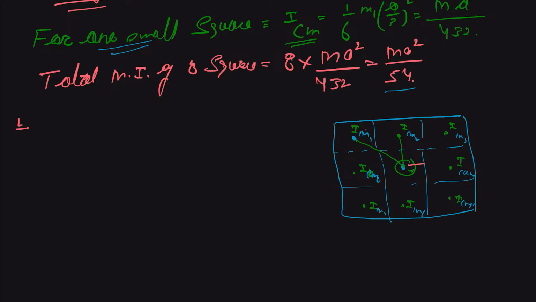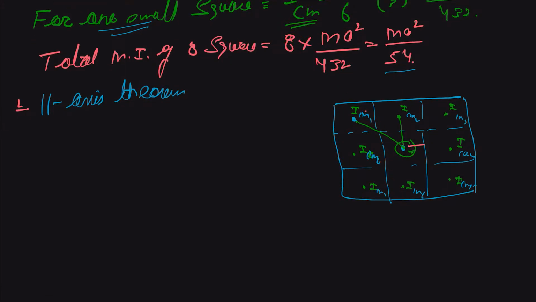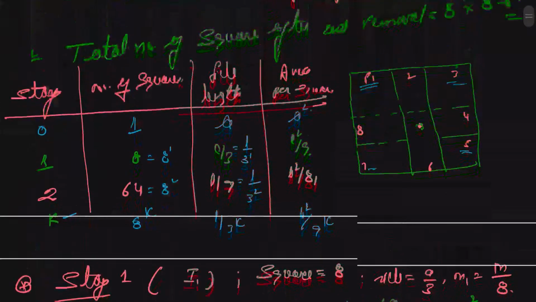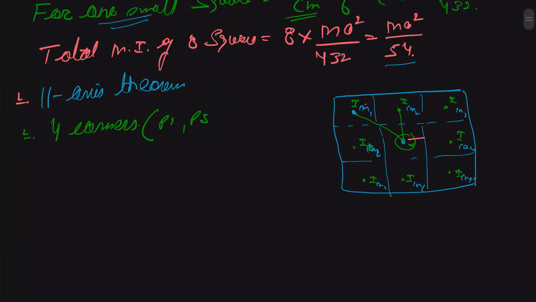Therefore, by the parallel axis theorem, we can write that we have 4 corners, and these 4 corners are our P1, P3, P5, and P7.